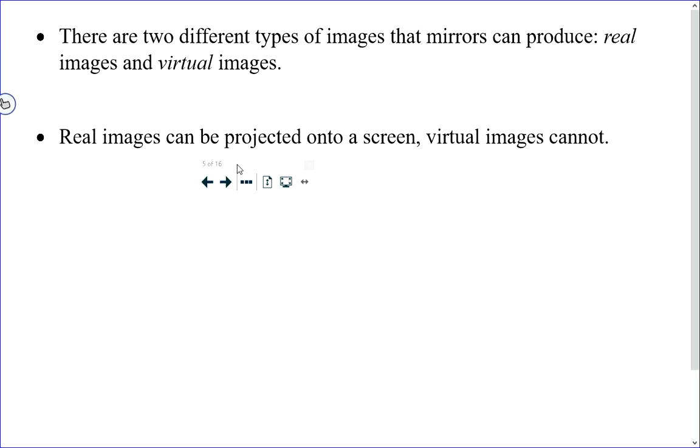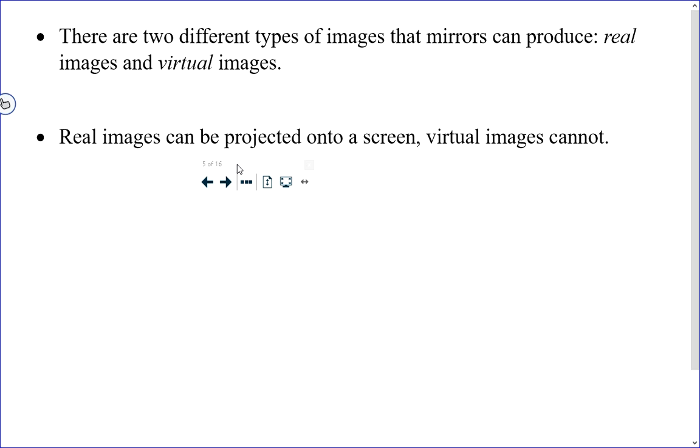So in the demonstration that you just watched, we had a little piece of paper that was serving as the screen. If you remove that screen and you put your eyeball at that location, you would see the image of the candle flame. You would see it nice and clear when you looked at the mirror. It would be focused.